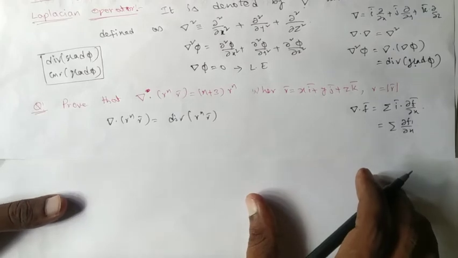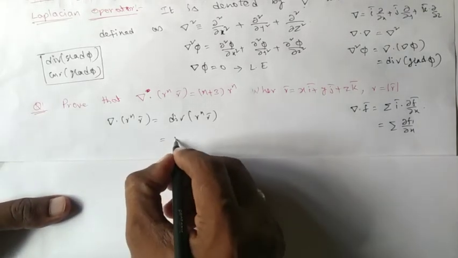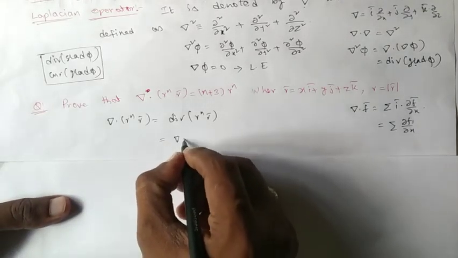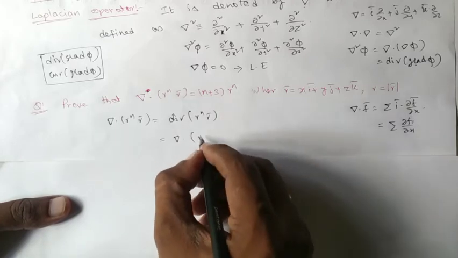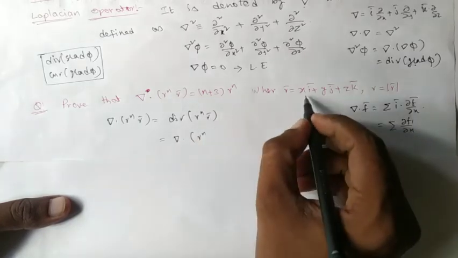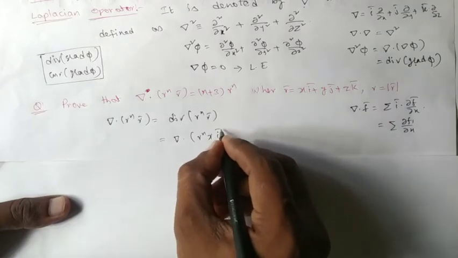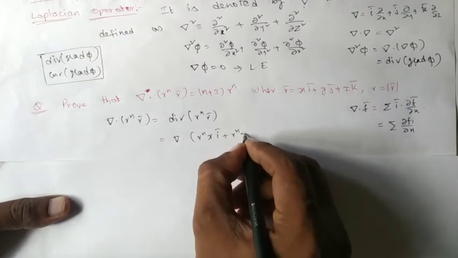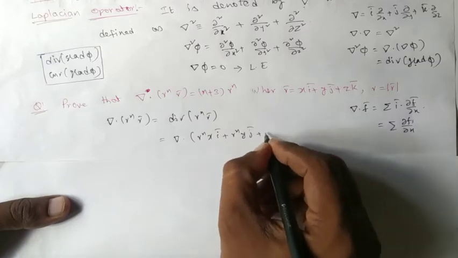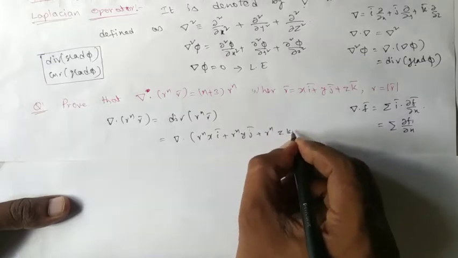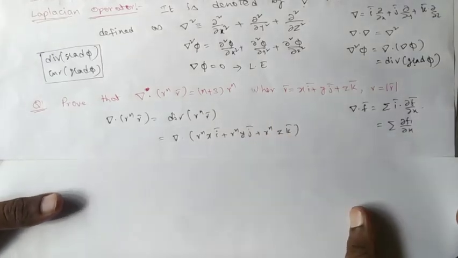So I just want to write the divergence of r power n into this r bar, which is x i bar plus y j bar plus z k bar. So I may write it as r power n into x i bar plus r power n into y j bar plus r power n into z k bar. Can I write it so?